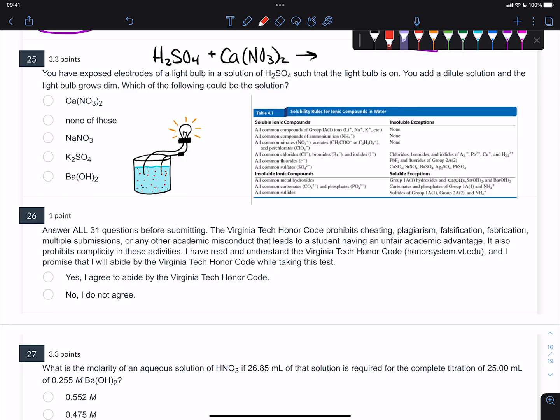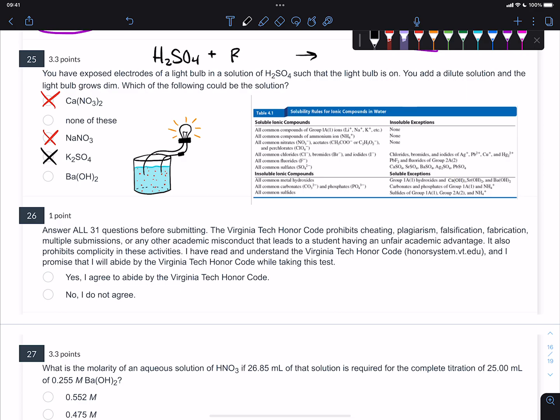So the first one's not a good option because you're just adding ions instead of removing any. The same applies for sodium nitrate because sodium is very soluble when it comes to hooking up with nitrate. K2SO4 is a salt that is also soluble, but here's why barium hydroxide would be a better option.